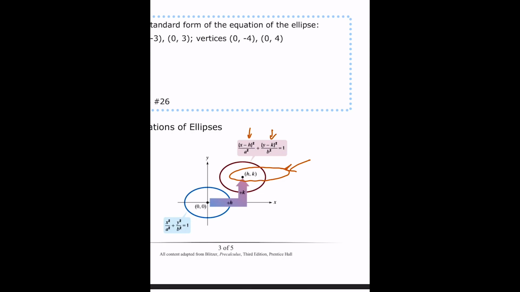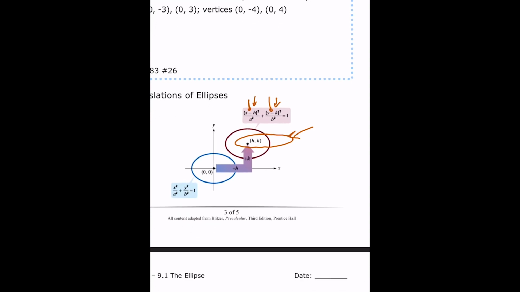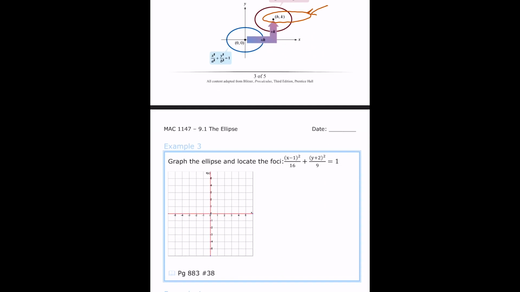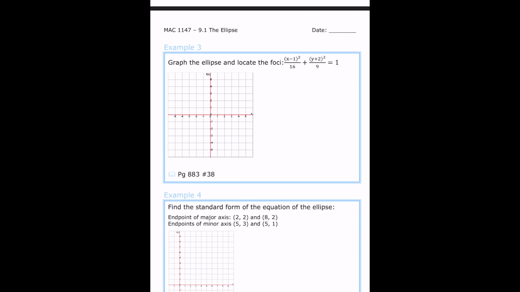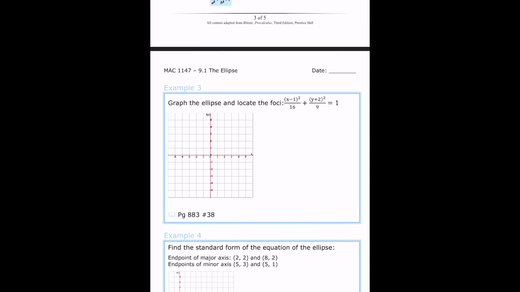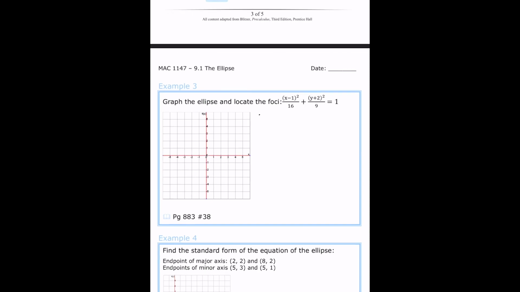And what we have to do is be careful, because this minus sign that's in front of the h or in front of the k can tend to mess us up and cause us to get incorrect coordinates for our center. For example, in this problem, example number 3, let's find the center immediately, the center of our ellipse.